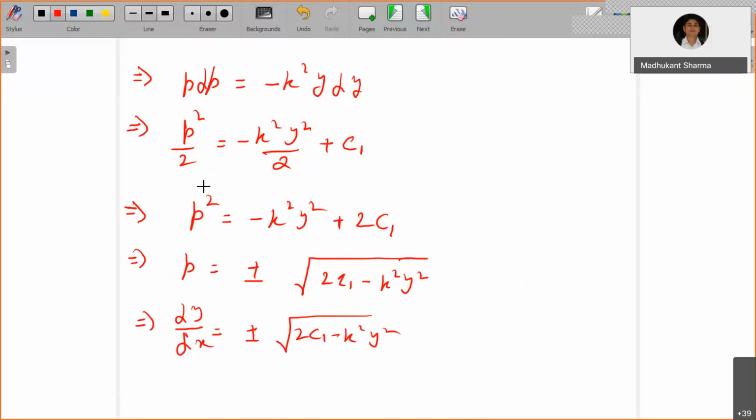One more thing. You have p square here, a quadratic equation in p, so you will find two solutions.